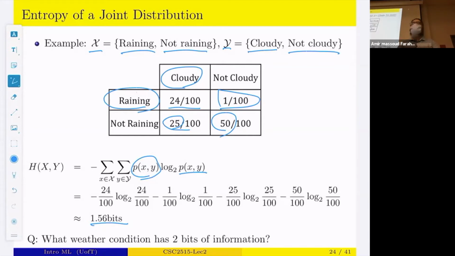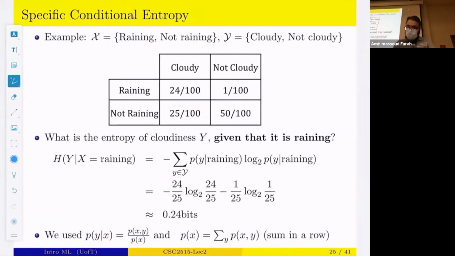Basically, we will see it soon, but if each of the random variables is uniform, and they are also independent from each other, then each of them gives 1 bit of information. Okay, so that's good.